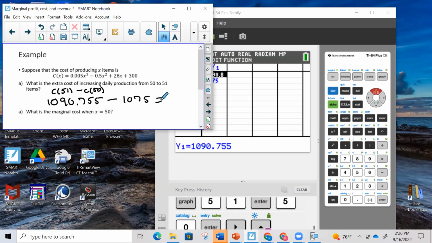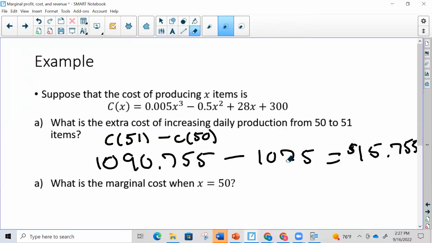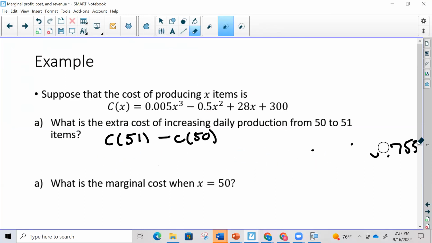And we subtract those and we get 15.755. Let me rewrite this because once I made it bigger, it's much messier.